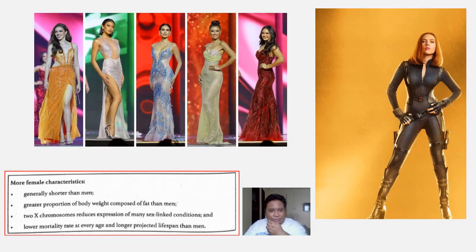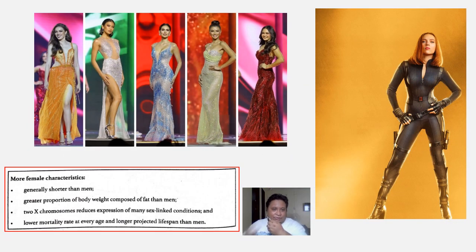Here are some more female characteristics. Females are generally shorter than men on average, but not all of them; some are tall, partly because of their footwear. They have a greater proportion of body weight composed of fat than men.